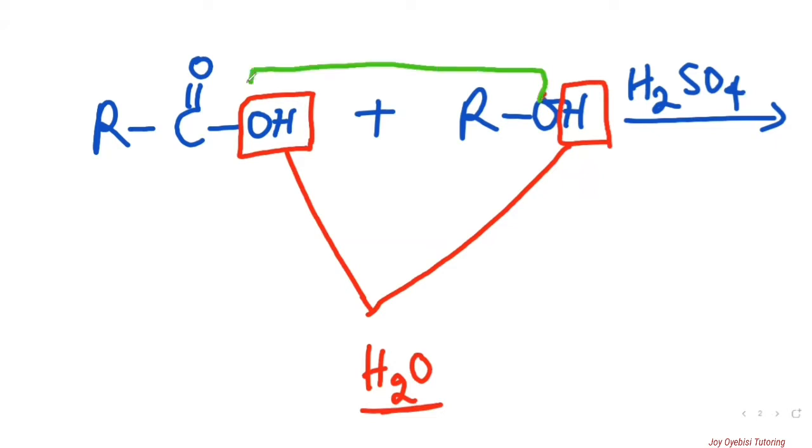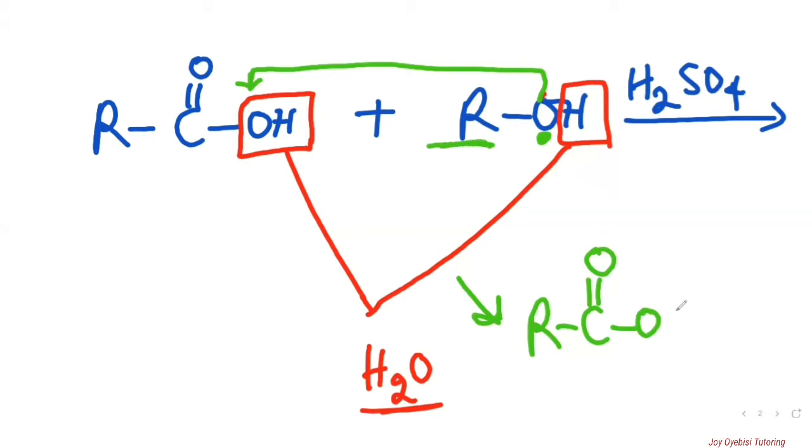So the OR will then replace the OH and attach itself to the carbon bearing the double bond oxygen, forming this product, which is now an ester. So you have the carbon double bond O and now the new OR, which was attached. So this is how you form an ester using a carboxylic acid and an alcohol in the presence of an acid.